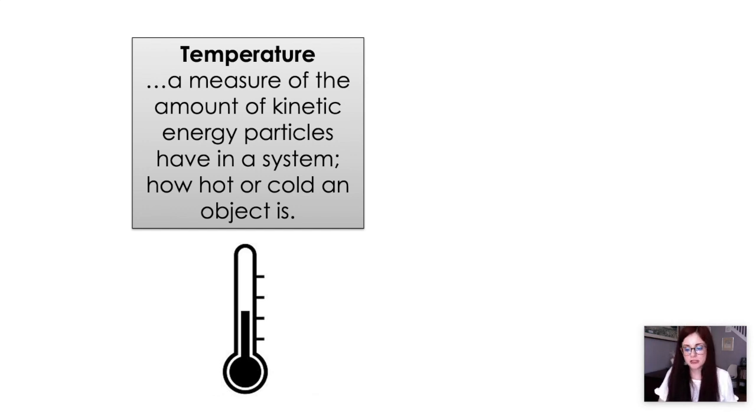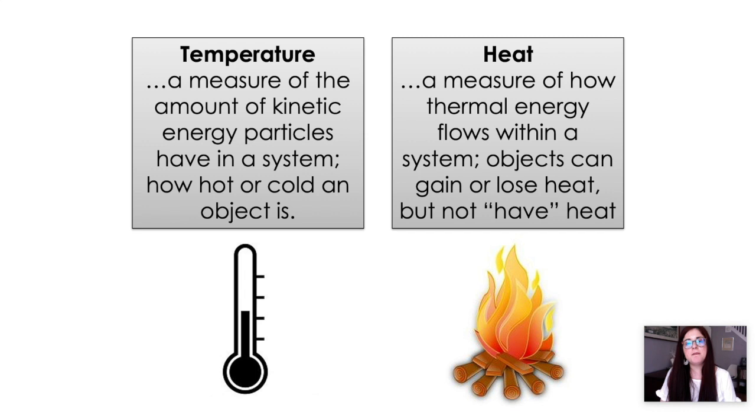So that's what temperature is, whereas heat is a measure of how thermal energy flows within a system. We say that objects can gain heat or lose heat, but we don't say that something has heat. For example, if I have a hot coffee, that hot coffee transfers its heat to my hands. That's why my hand starts to feel warm or even hot, depending on how hot the coffee is.